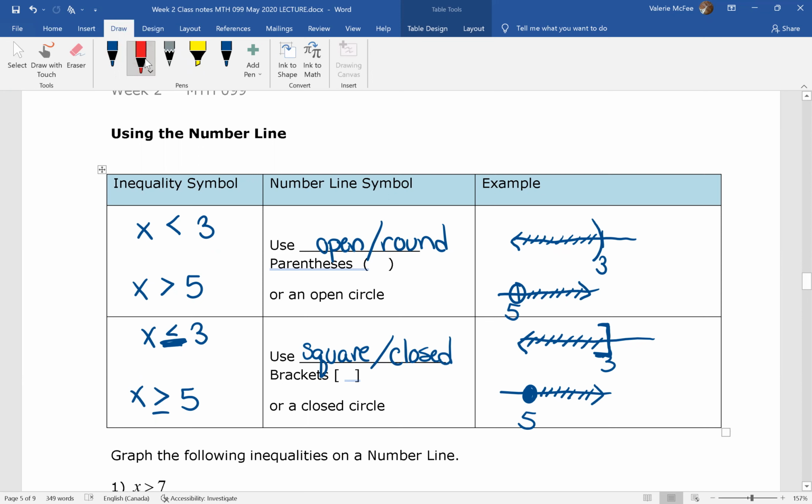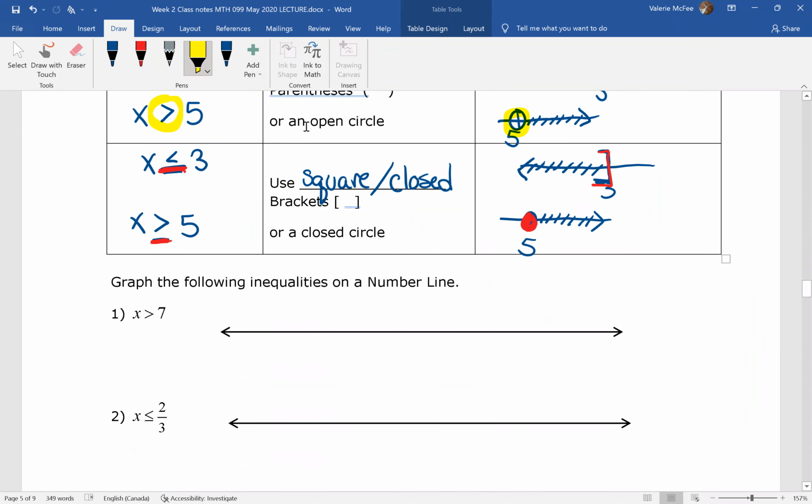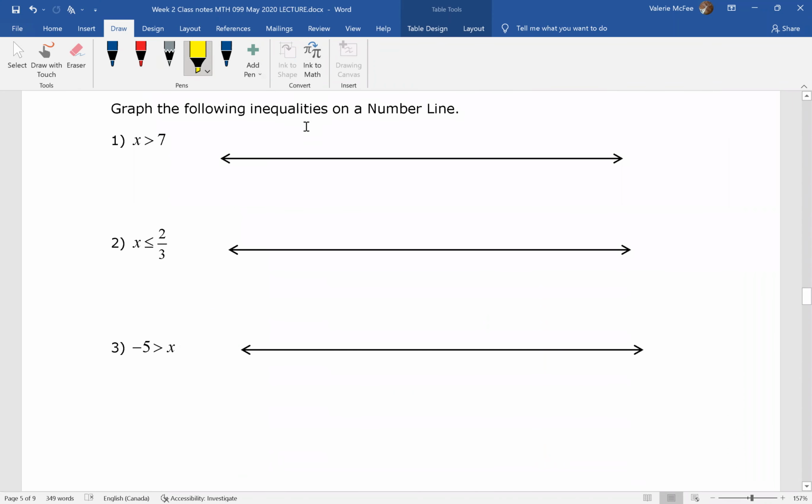So, square bracket, because it's equal to, closed circle, because it's equal to. When there's not an equal, we're using a round bracket or an open circle. You may need to listen to that a couple of times for it to sink in and for you to understand. Let's do some practice.